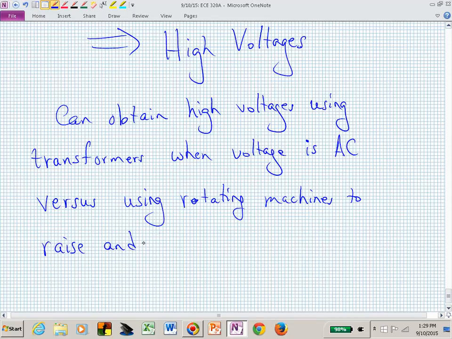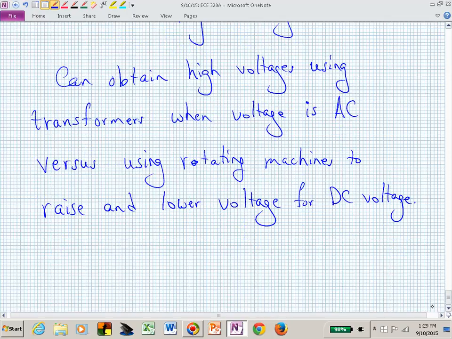versus using rotating machines to raise and lower voltage when you have DC voltages. Or another way of thinking of that is now this AC, a transformer is less complex than this rotating machine.